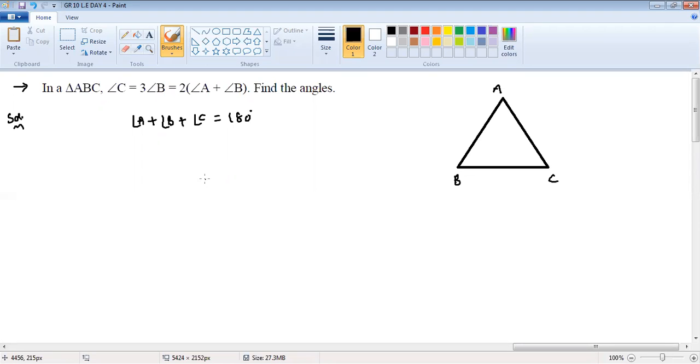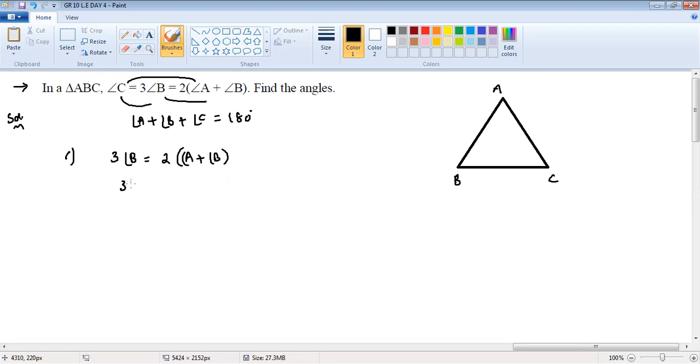Don't confuse one thing, I'm telling you clearly. See, there are combinations I have. You can take this combination, this combination, or this combination. First I'm taking case 1. 3 into angle B is equal to 2 into angle A plus angle B. Got it?